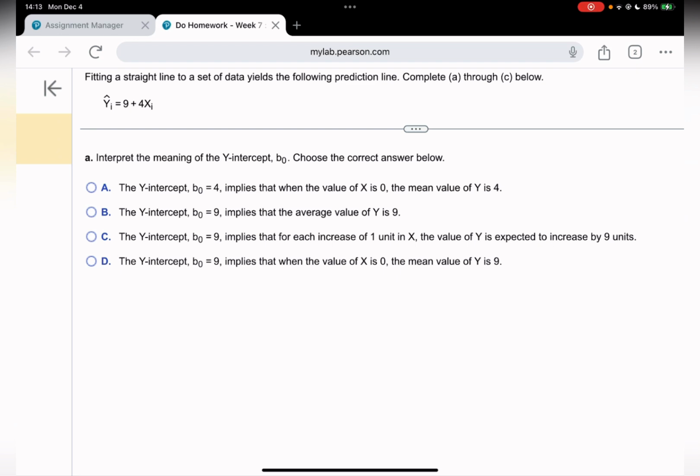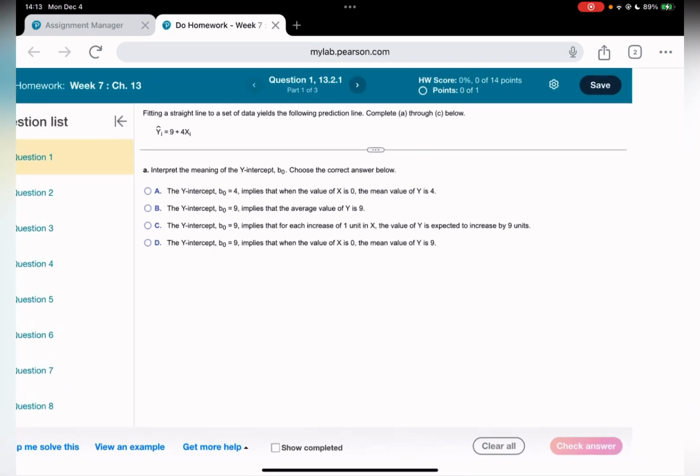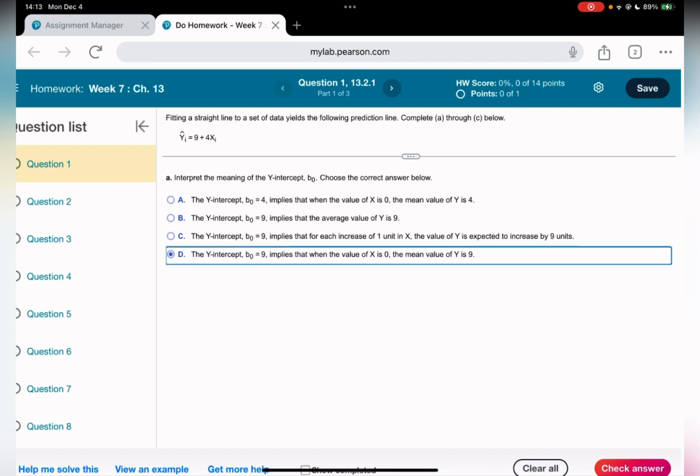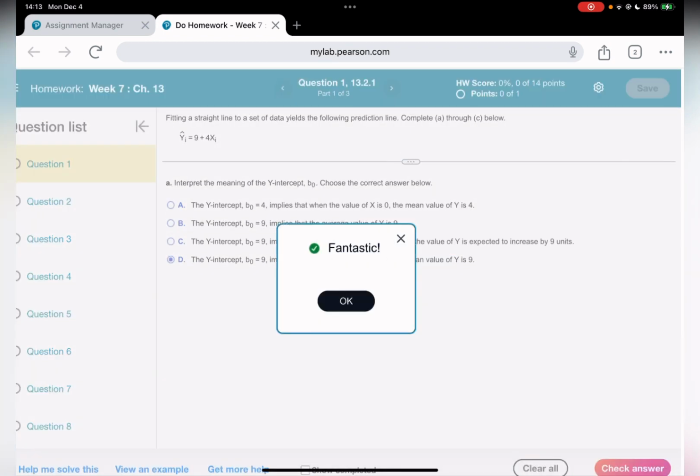The y-intercept b0 equal to 9 implies when the value of x is equal to 0, then the mean value of y is equal to 9. There we go. Algebraically, x has to be 0, so 4 times 0, and y hat is equal to 9. So x has to be 0 for the average value of y to equal 9.